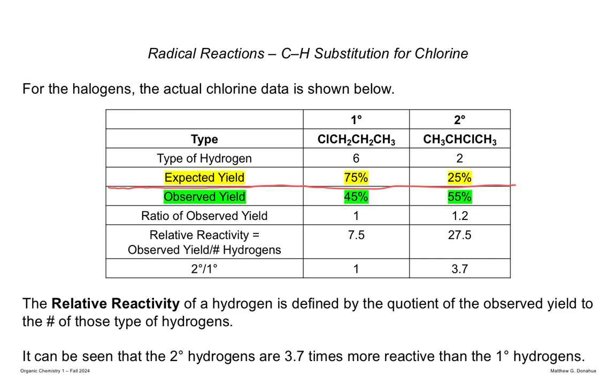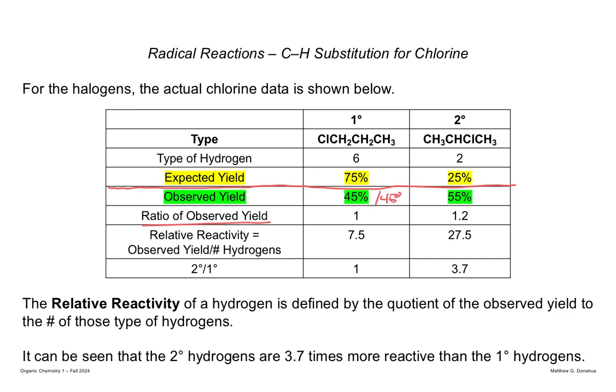And so we just do a little bit of division, multiplication, addition, subtraction to come up with these other terms. The next one says ratio of observed yield. All we're doing there is dividing each by 45.